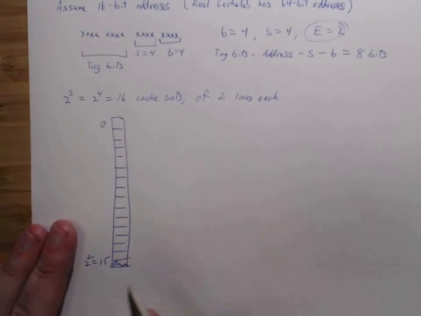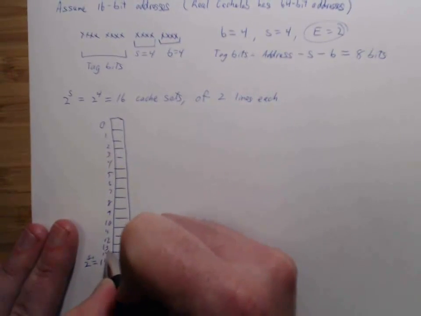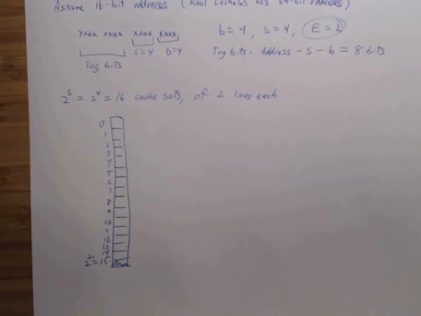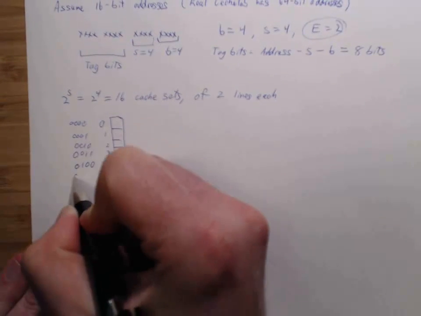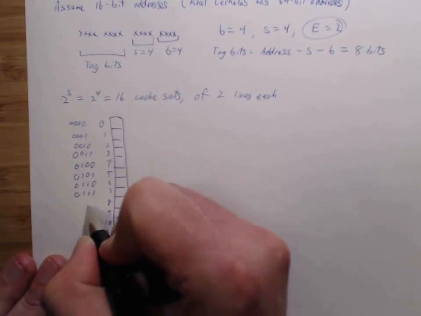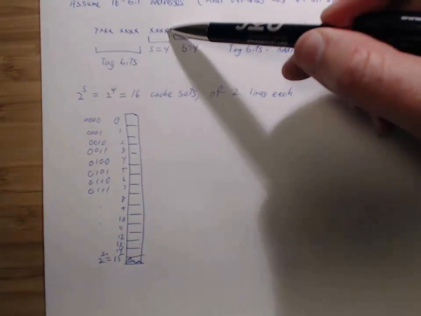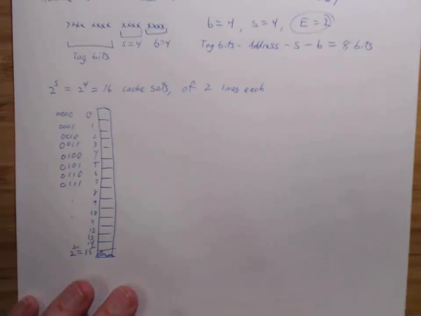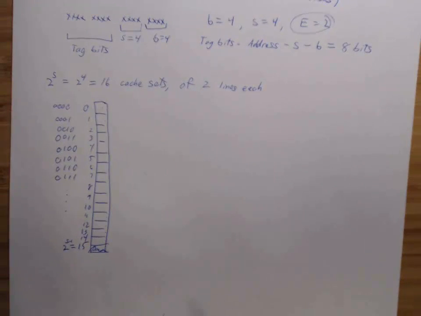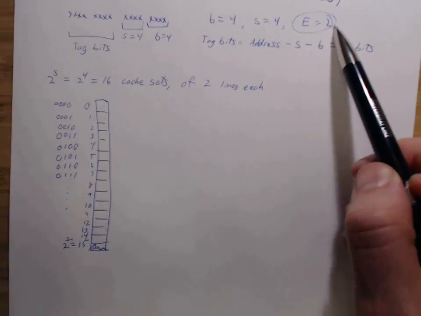And we could write the addresses in binary as well. And so these correspond to the 4 bits for our set address up here. Now each one of these, we need to keep track of the tag, and we need 2 sets.